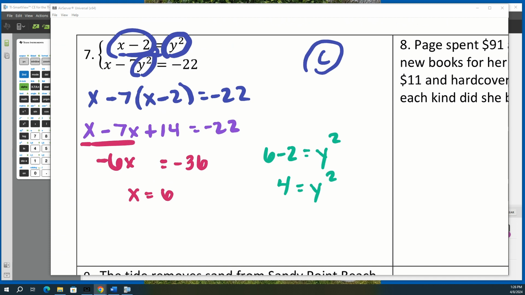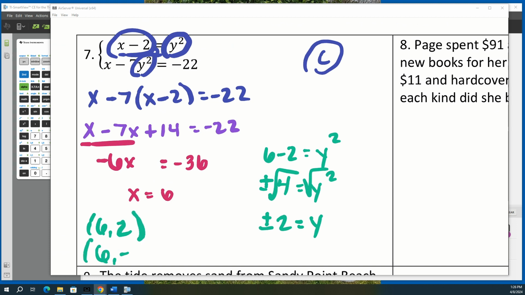Positive and negative 2. So we do the positive and negative square root. So we get 6 and 2, and we get 6 and negative 2. That saved a lot of time, actually, doing it that way. Let's go.